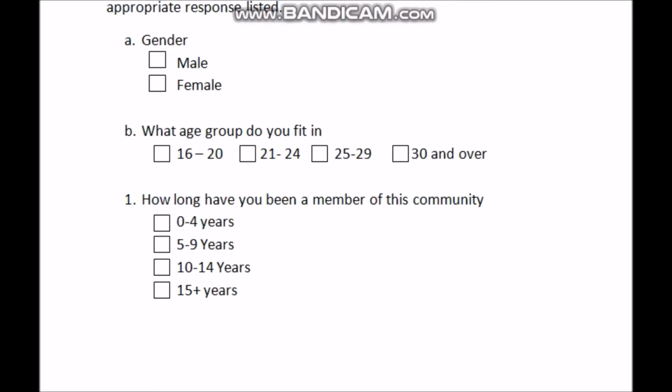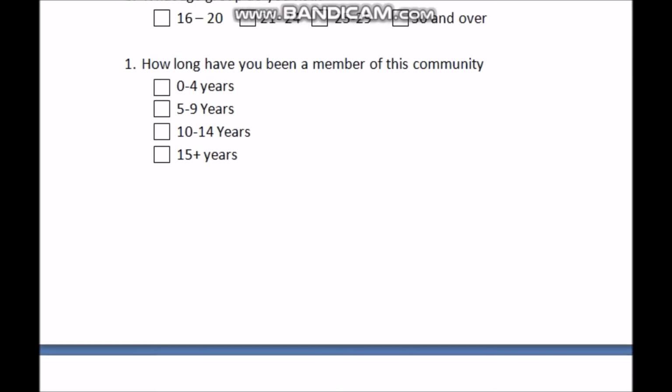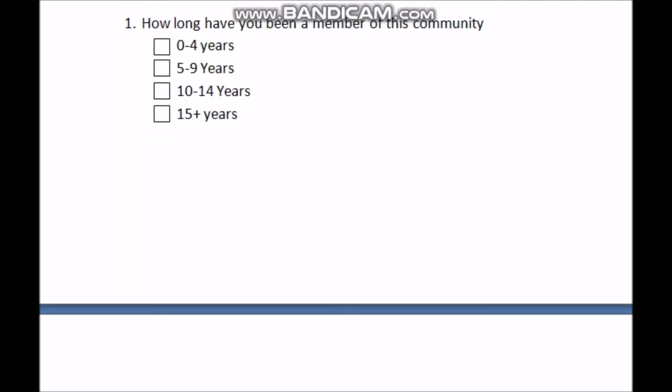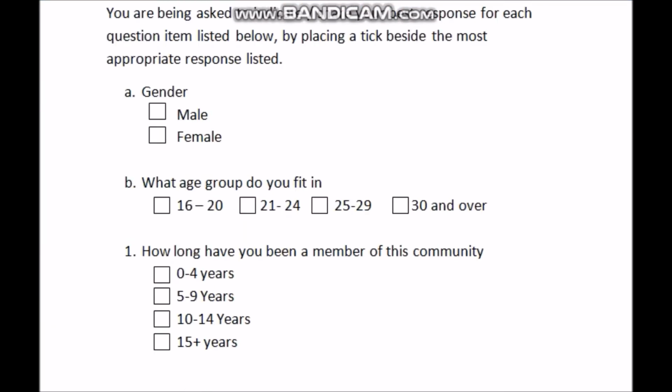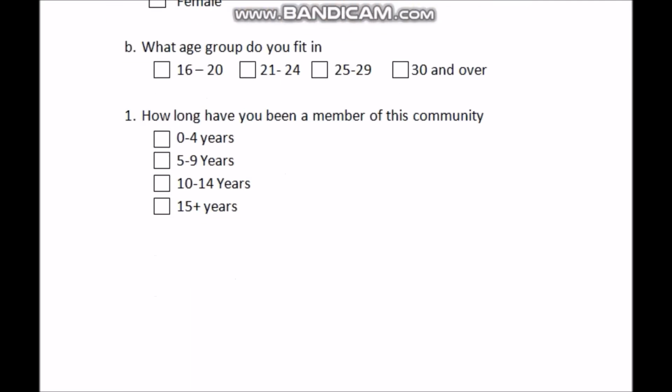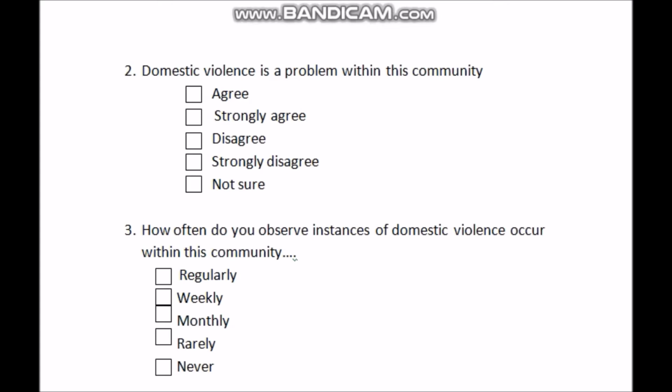You make use of that, because remember, it's important that in your SBA project, whether it be social studies or geography, you have what you refer to as a reference, right? And there are specific ways in which you write your reference. Usually, for academic purposes, you use what you call APA format.